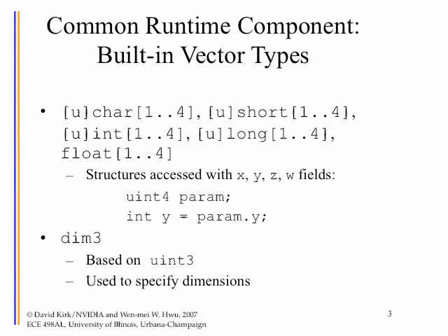So what are the built-in vector types? You can have chars, shorts, ints, longs, and floats. These are all vectors of up to 4 dimensions. Why 4? The hardware can do 4 easily, and usually it's 3 dimensions plus 1 extra for some of the graphics transformations that people play tricks with.